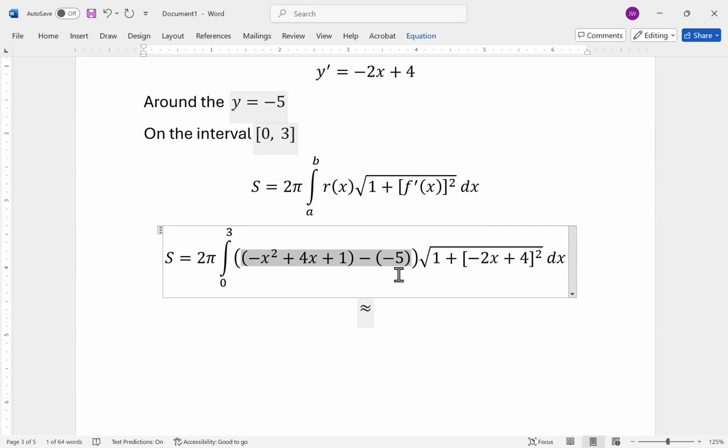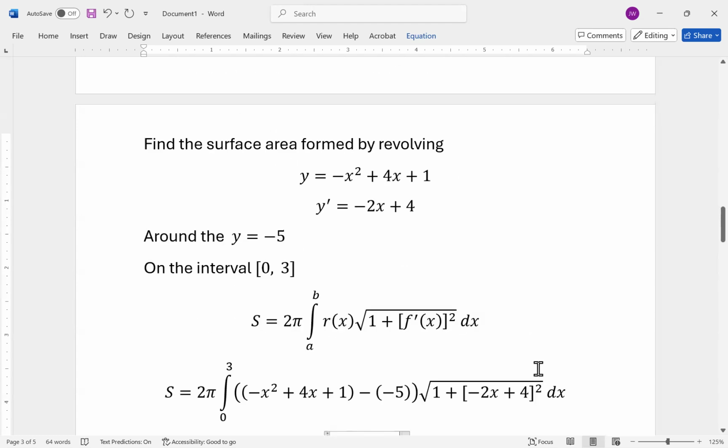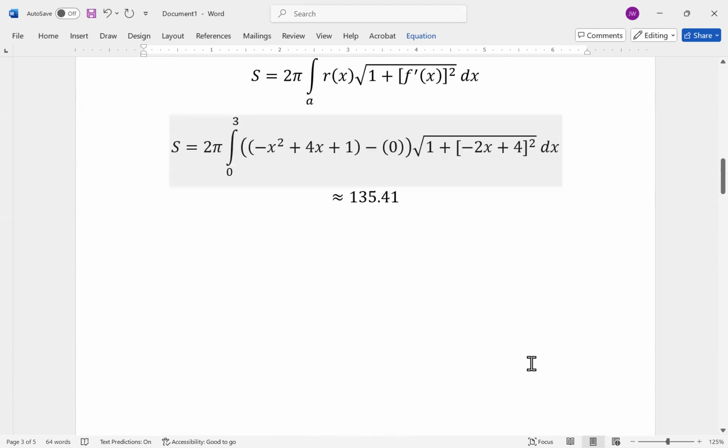When it's all said and done, I got an approximate surface area of 327.86. Again, that's just from typing this into my calculator. Notice that was a much bigger surface area than the previous problem.